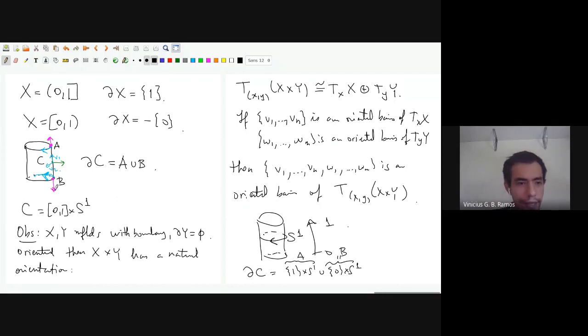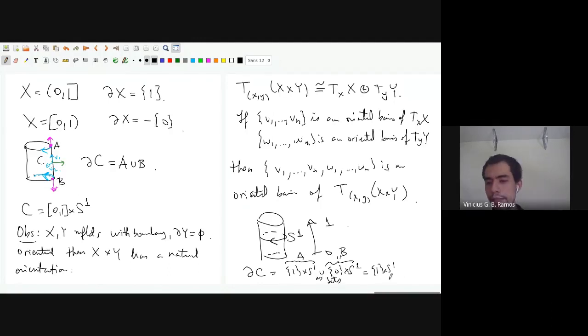But what you should see is that when you look at the induced orientation on A, it is the same as the natural orientation on A, coming from S1 times 1. But B actually has the opposite orientation. So we can write this as 1 times S1, as sets.